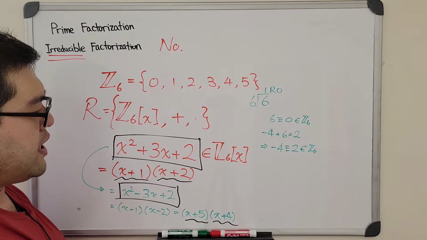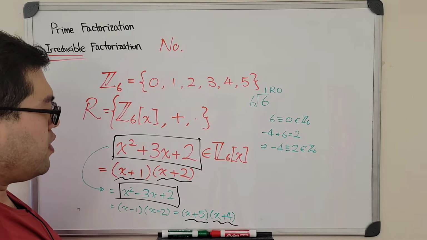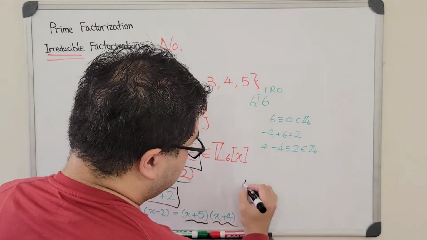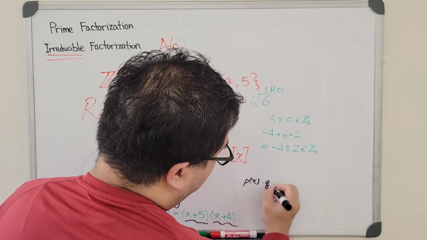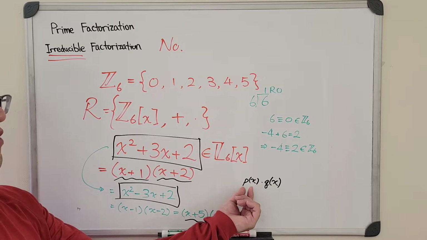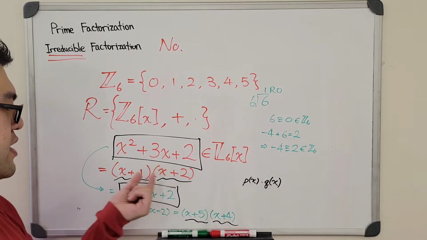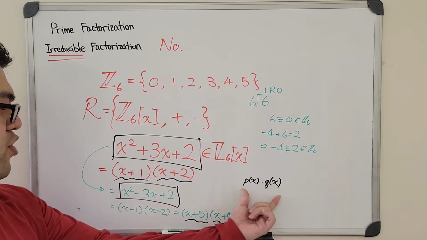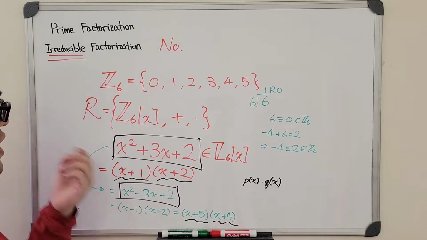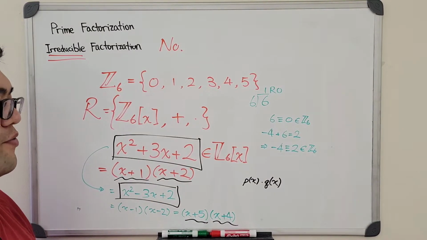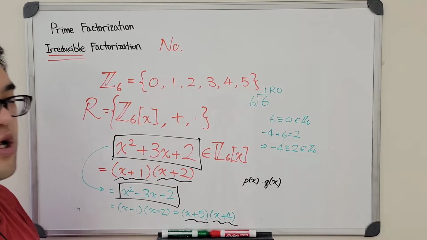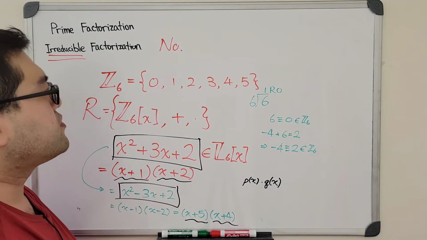No, because if we try to factor one of them, one of the polynomials must be a unit, meaning in this case we must get 1 for p of x or maybe q of x, as we try to write this as a product of linear expressions. Therefore, these linear expressions are called irreducible. But we now see that irreducible factorization is no longer unique in some situations.